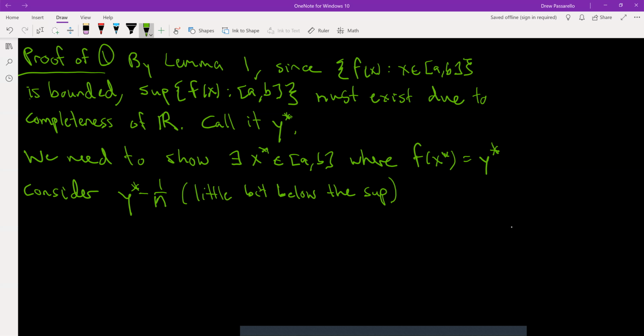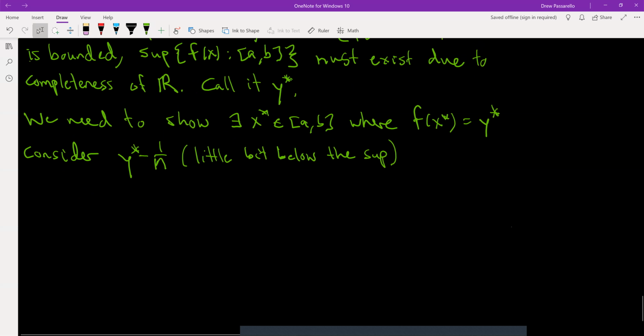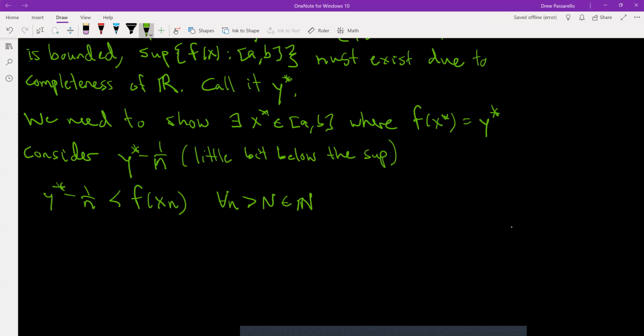There's going to be some f(x_n) such that y* minus 1 over n is less than f(x_n). Since we're dealing with 1 over n, it's going to be this sequence for all n bigger than N, since this is not an upper bound.